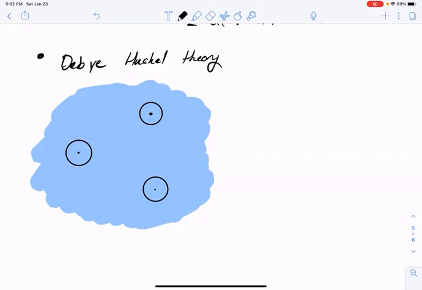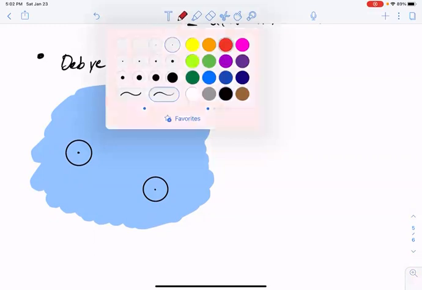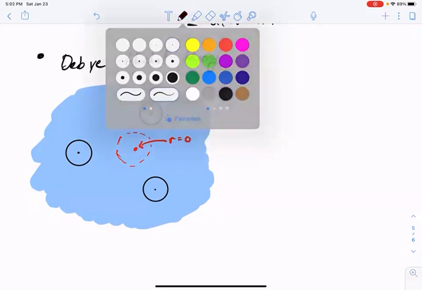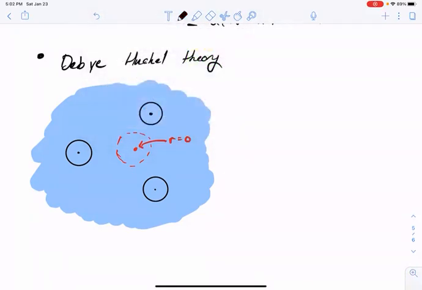Nevertheless, they're ions, they interact. And let's ask the question, if I was to look at the origin, what happens if I place an ion there with respect to the positions of the other ions?